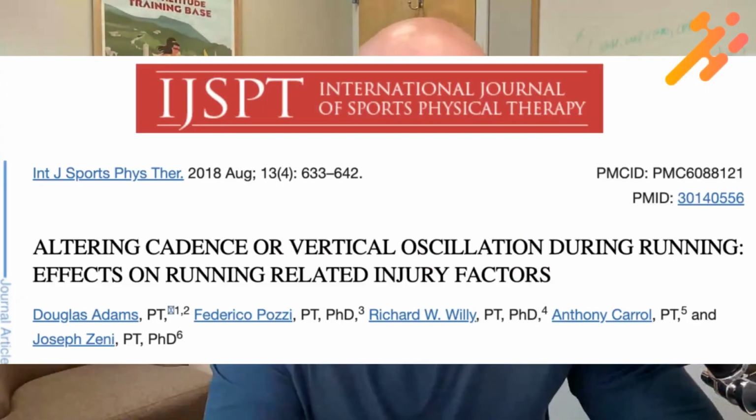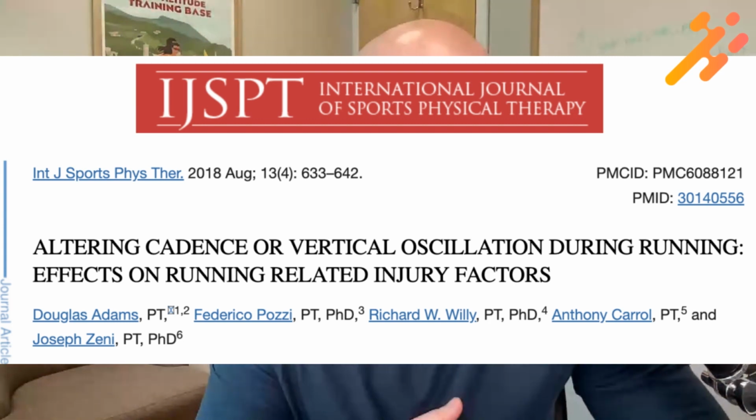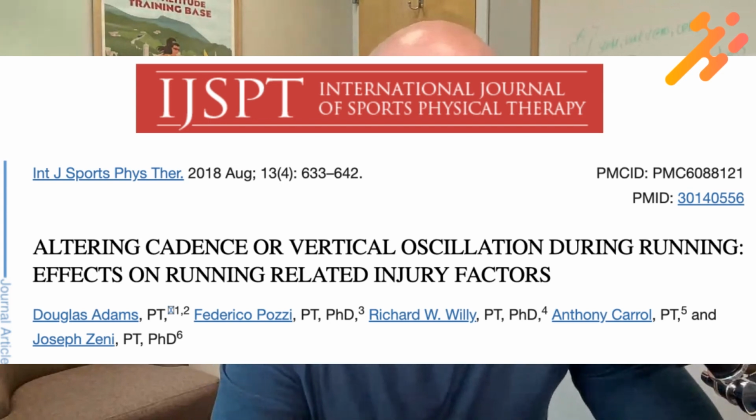And that's, if we look here, I did a study back in 2018, which seems like a lifetime ago now, in IJSBT, where we talked about altering cadence or vertical oscillation during running, effects on running-related injury factors. But this was part of a 2-article series. We had done another article in 2016.